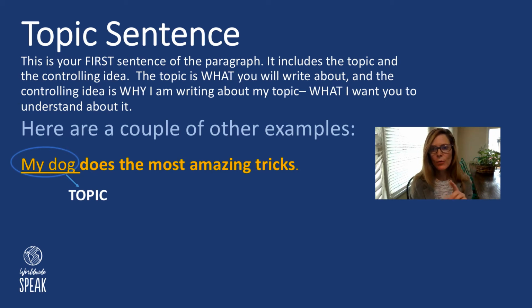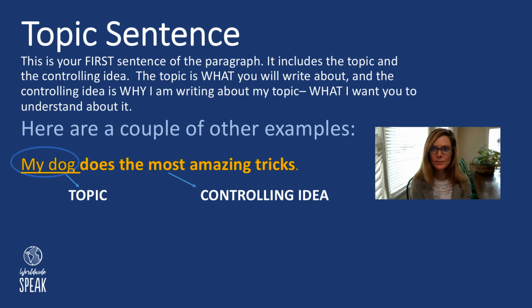We need to talk about one thing, because remember, your paragraph has a controlling idea or a specific purpose. And that is that he does the most amazing tricks. So your entire paragraph will only be about the tricks your dog does. It won't be about how cute your dog is, or how loyal your dog is, or how much your dog eats. It's only going to be about the controlling idea, which is the tricks that your dog does.